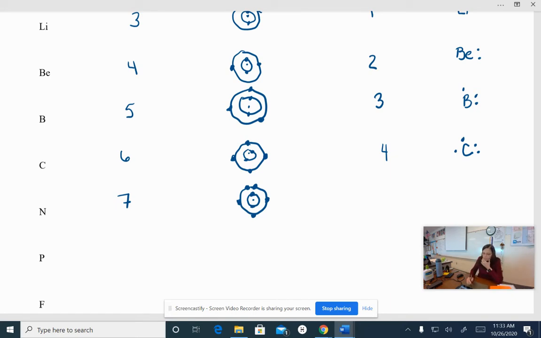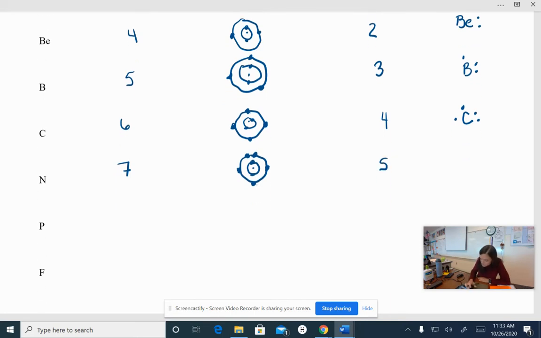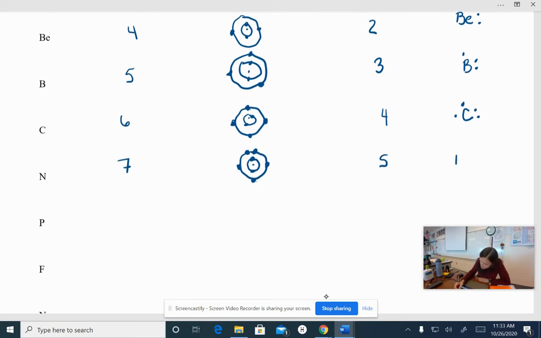Okay, so that gives me 5 electrons on that outer energy level, which means that in my dot picture for nitrogen, I'm going to show 5 electrons, or 5 dots around the nitrogen.